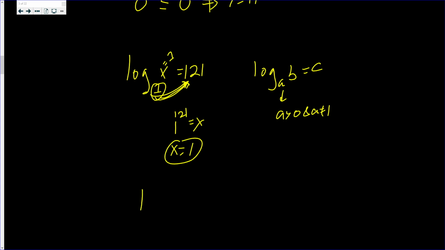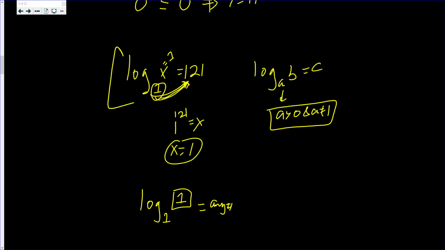So the only time the base can be 1 is if this number here is 1. And here you can have any number. So it's kind of boring. So I assume that they say a cannot be 1. But that's not a big deal, because you won't see a equals 1. And even if you did, it works out.